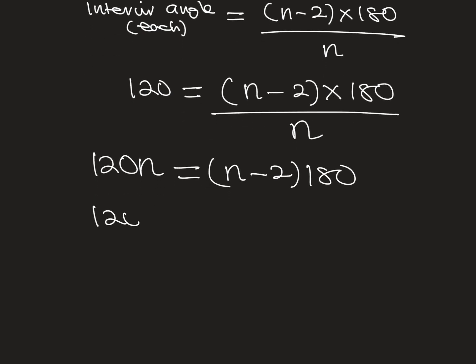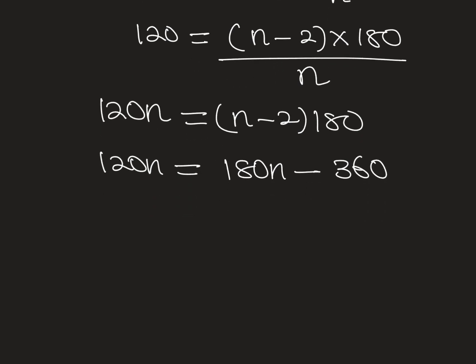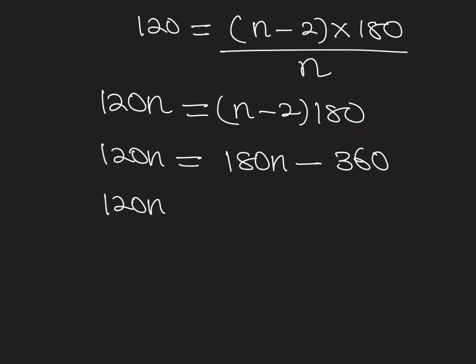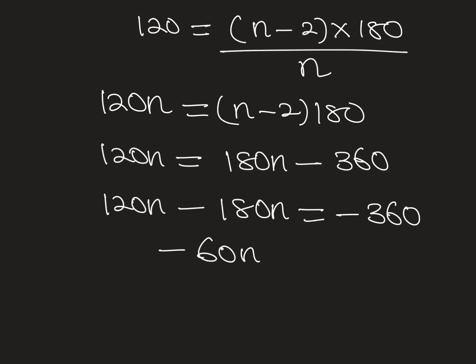So that's going to be 120n is equal to n times 180 is 180n minus 2 times 180 is 360. So that's going to be 120n minus 180n is equal to minus 360. 120 minus 180 is minus 60n is equal to minus 360.